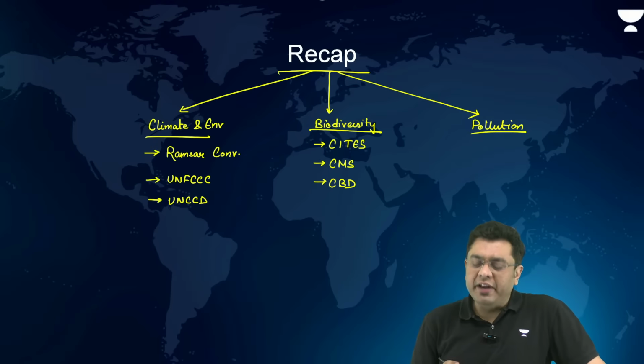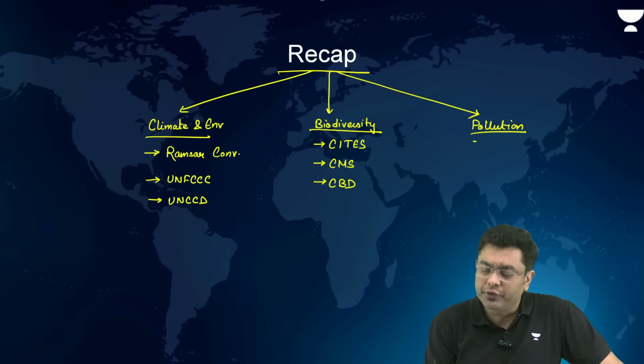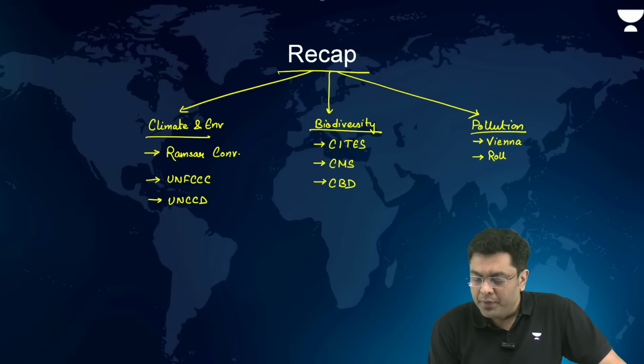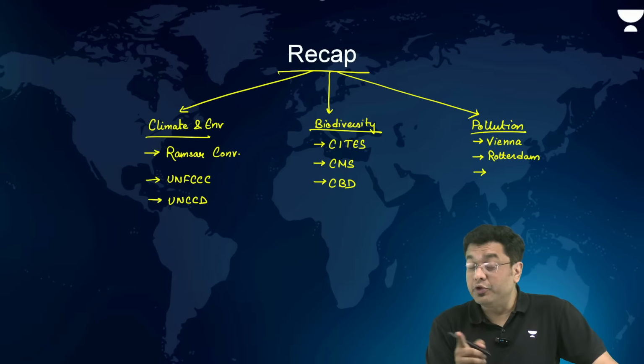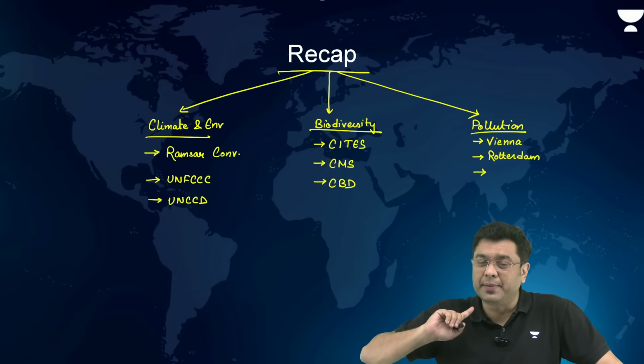Then the convention associated with pollution. Which are those? Vienna Convention for ozone depleting substances and ozone hole. Then after that you have Rotterdam, Basel for the hazardous substances. Rotterdam is for trade in hazardous substances.